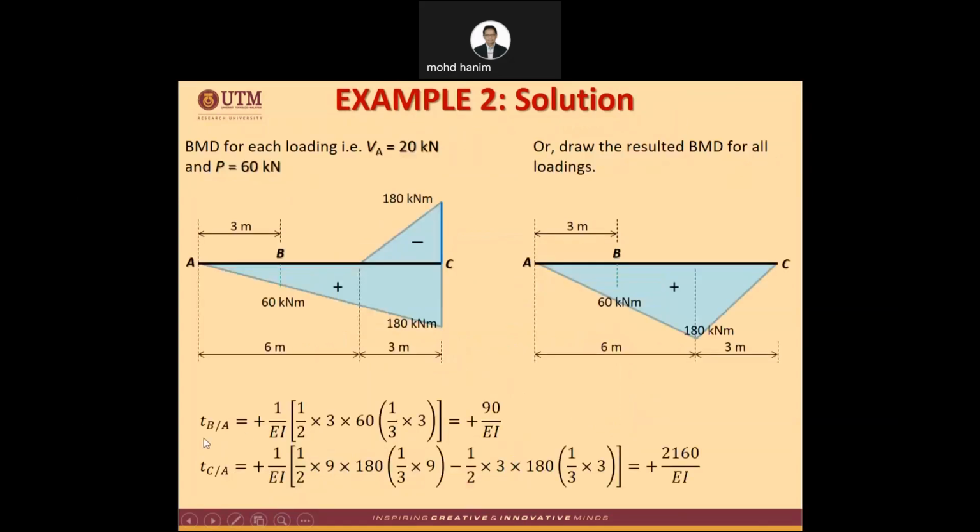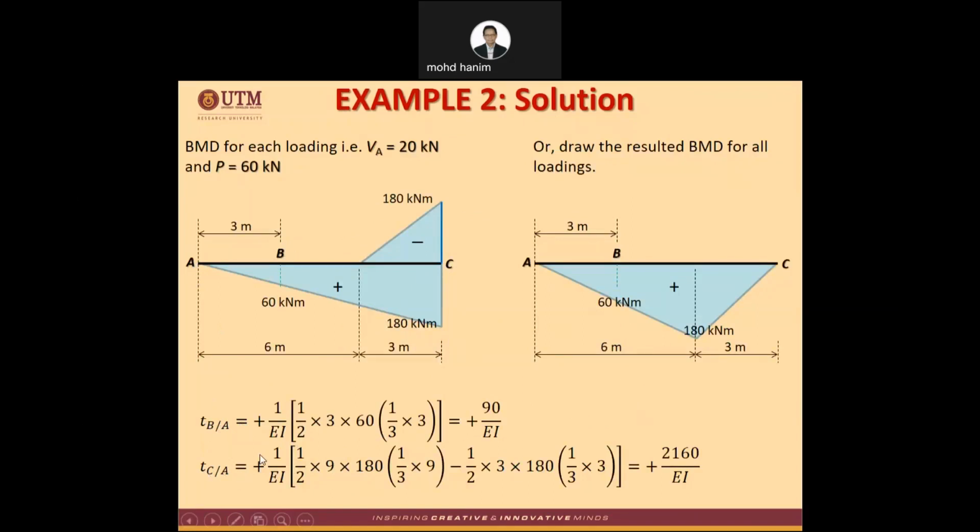That's why we calculate TB in relation to A. And what is TCA? TCA is the first moment area at C in relation to A. TBA, B in relation to A.